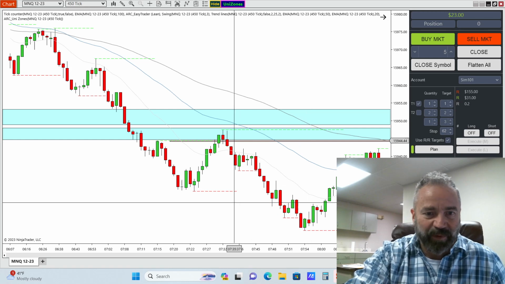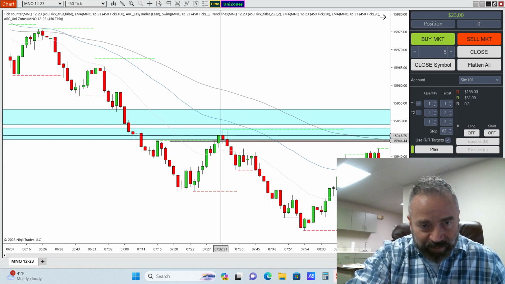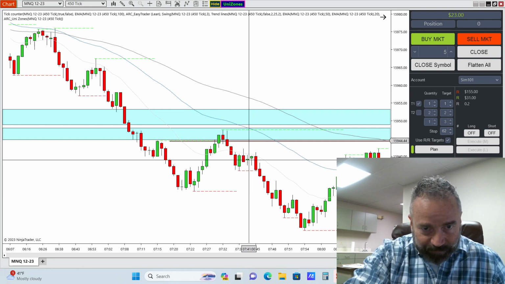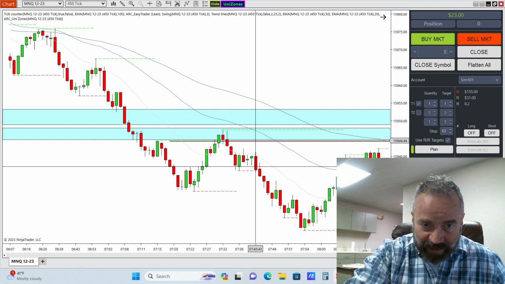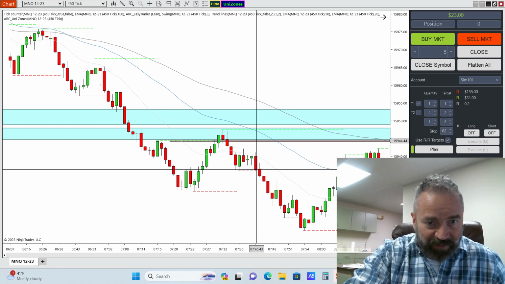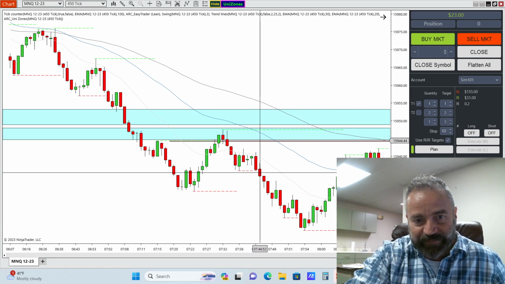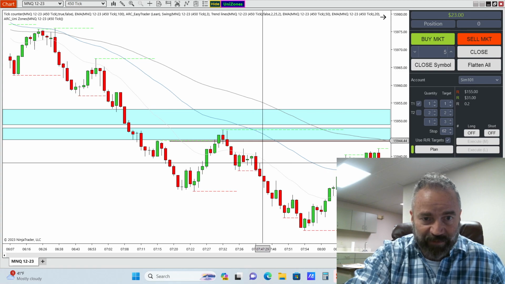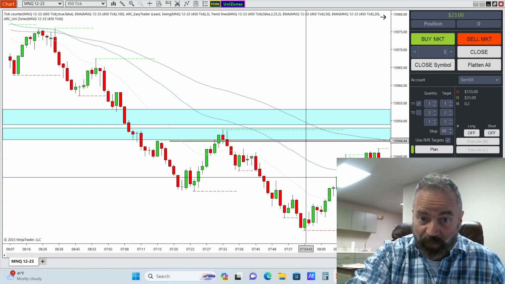So I probably wouldn't have taken that, because this would have been the ideal spot to take it right here. But it didn't give me the trade because this bar did not close underneath it. If it touches it and goes up, I'm not taking the trade. I just don't. You could if you wanted to be a little more risky, but you could have taken this one and set your stop there, and it would have won.